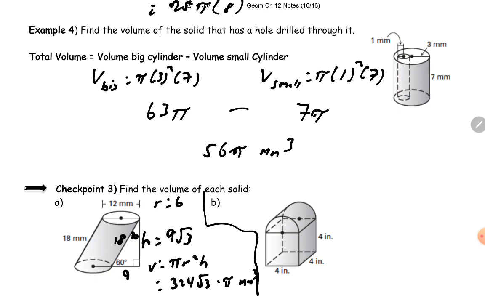Alright. So here, we're going to need to get the volume of the box plus the volume of the half cylinder. So box is easy. It's just 4 times 4 times 4, so 4 cubed, plus 1/2 of a cylinder. So pi times r, which happens to be 2, because this whole side length is 4, so half of it is 2.